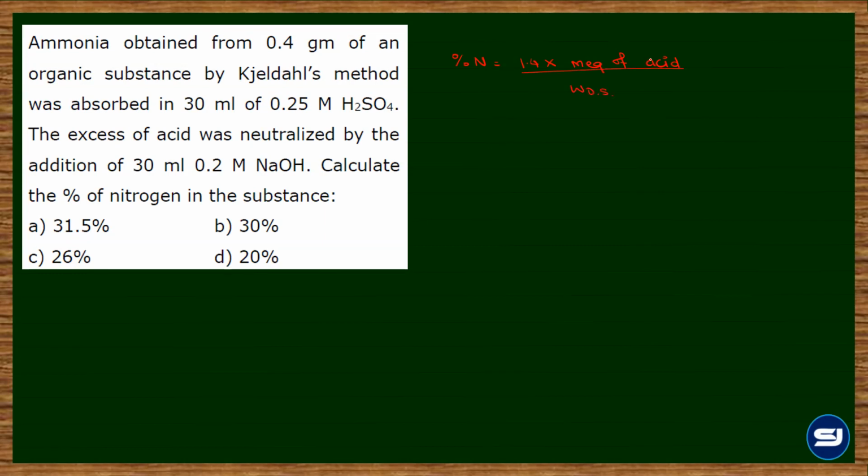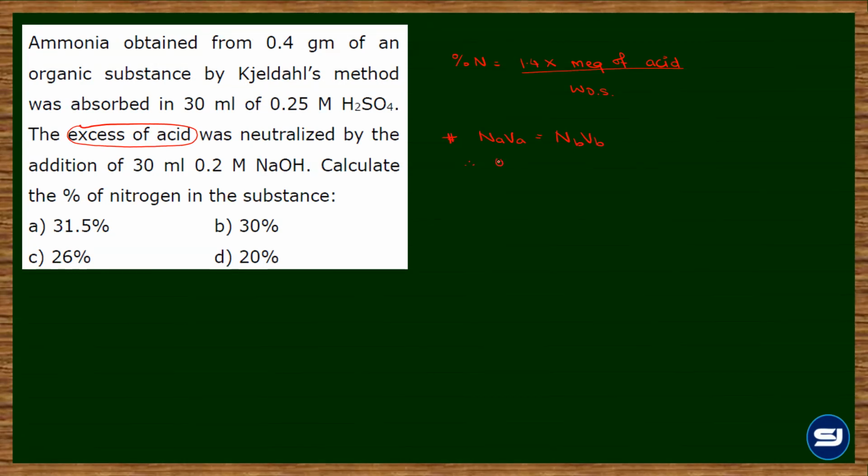But the milliequivalent of the acid would be the acid which is actually utilized in the Kjeldahl method. Now they are saying excess of acid was neutralized by some amount of the base. So how much amount of acid was neutralized, that we can find out by using NaVa for the acid equal to NbVb, meaning equating the equivalence of the acid and the base.